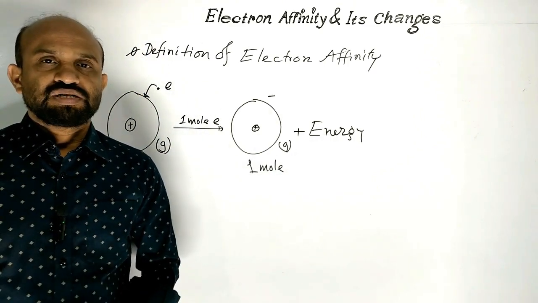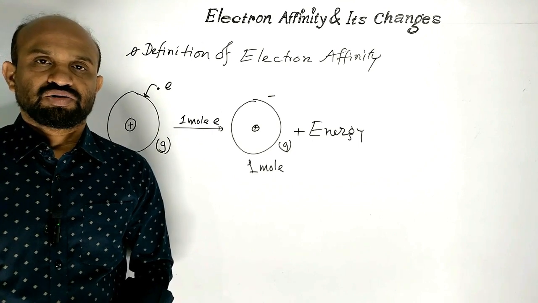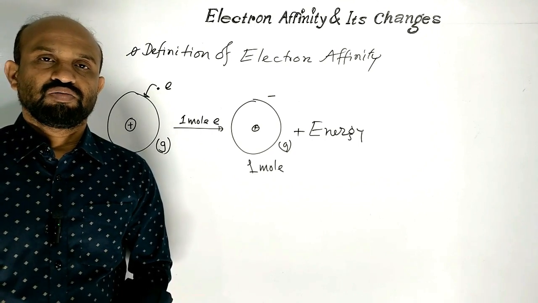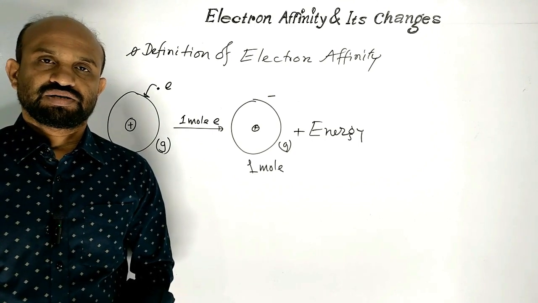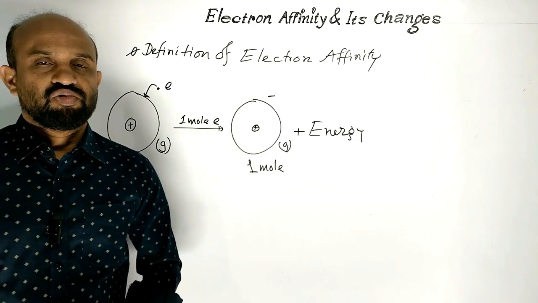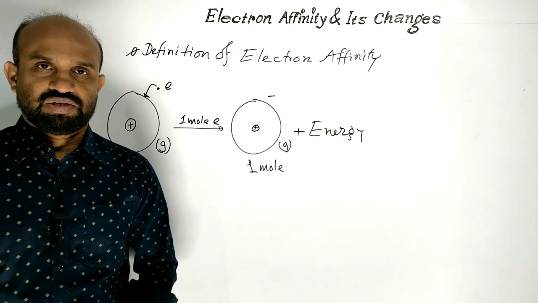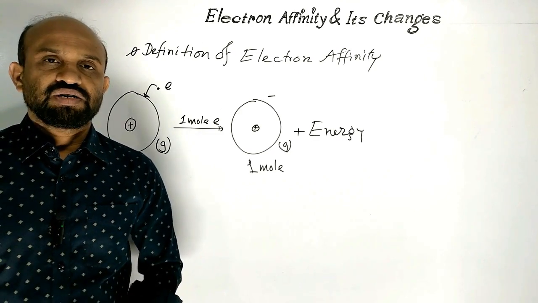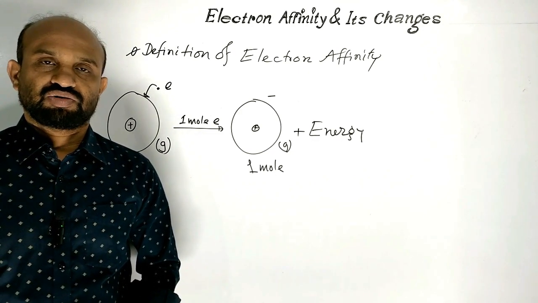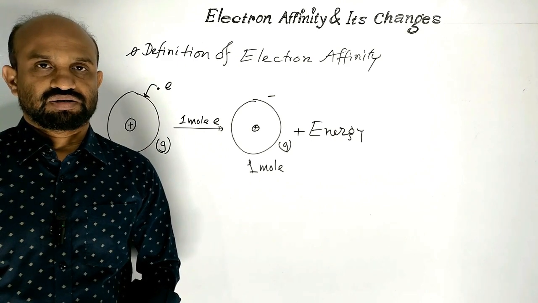The amount of energy released when 1 mole of electrons is added to 1 mole of neutral gaseous atoms to form 1 mole of uninegative ions is called electron affinity. Electron affinity is related to atomic size or atomic radius.